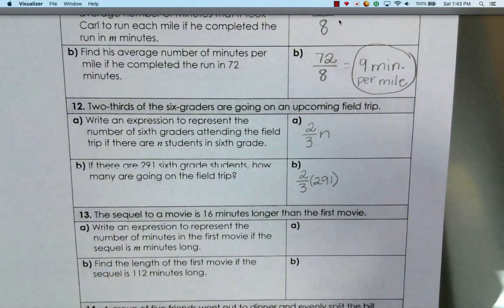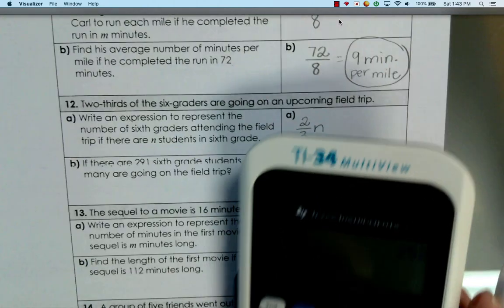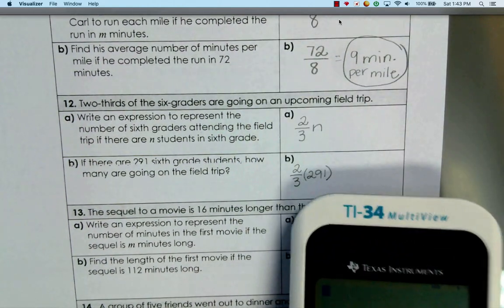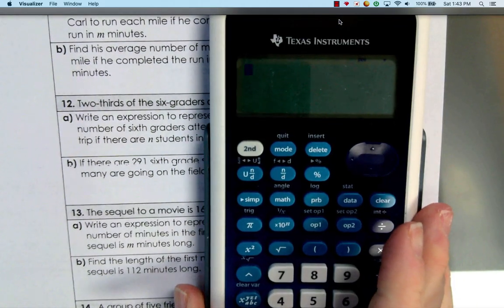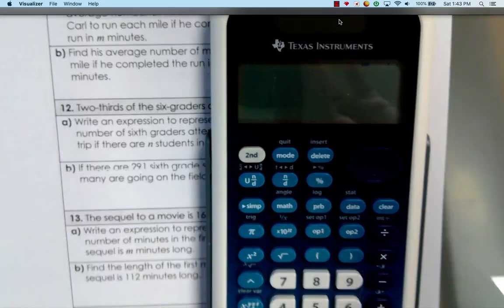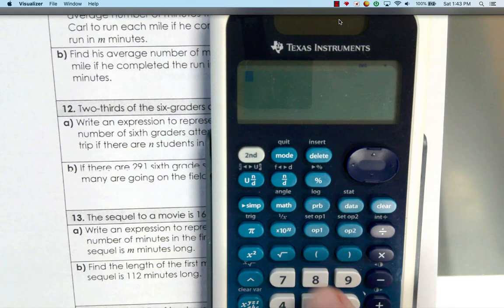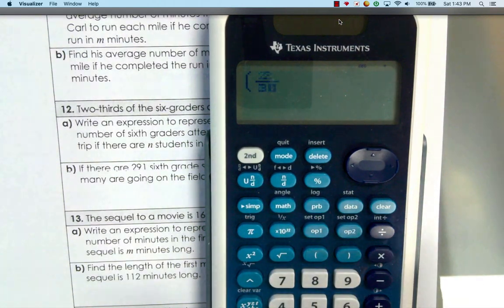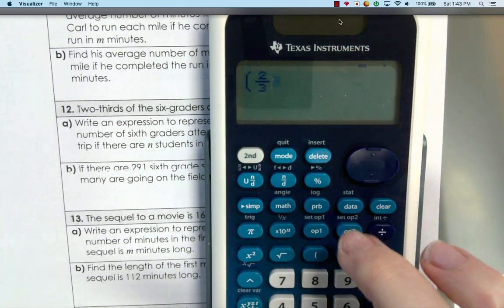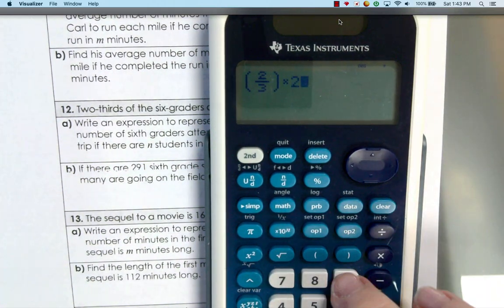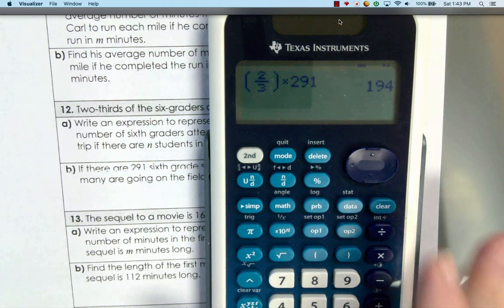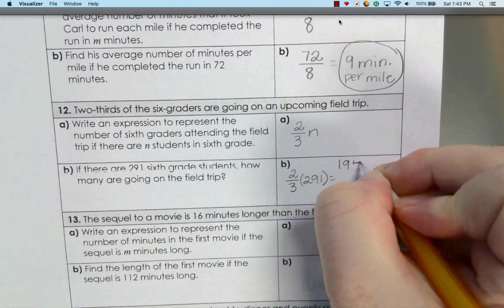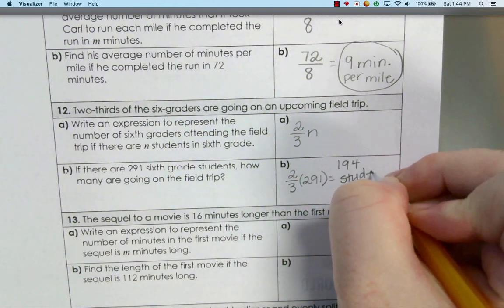Now that's not a 1/3, so we're going to have to do a little workity work in our calculator. Clear. You're going to put parentheses 2 over 3, close parentheses, times 291. We get 194. So that means 194 students are going on the field trip.